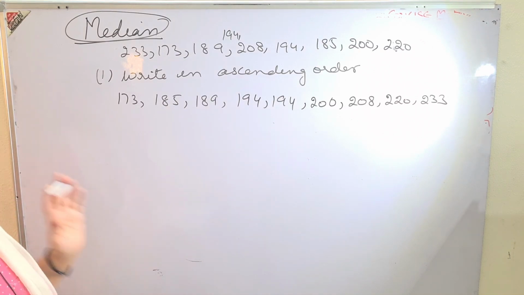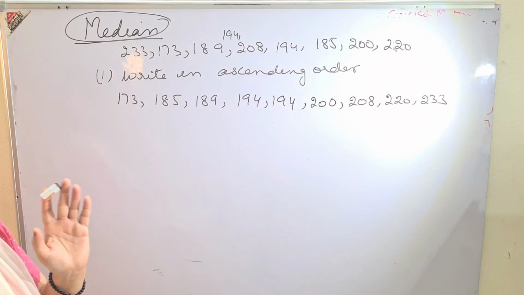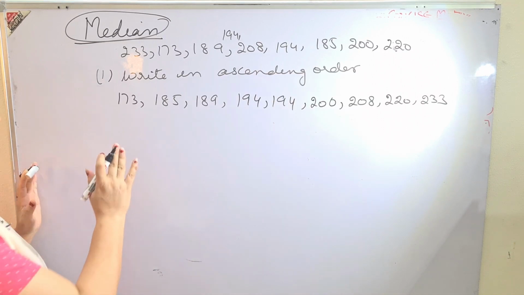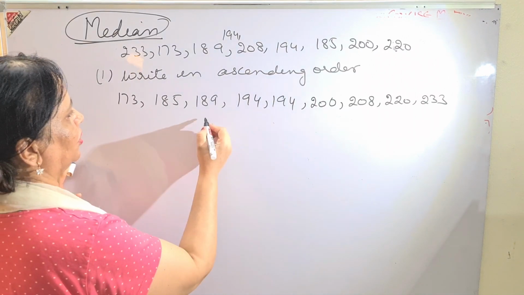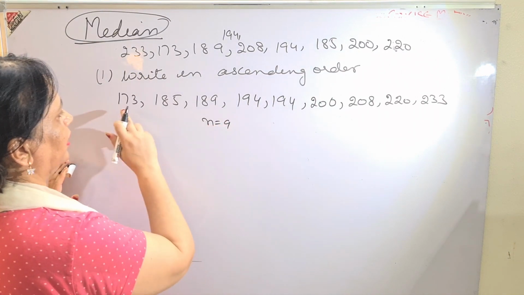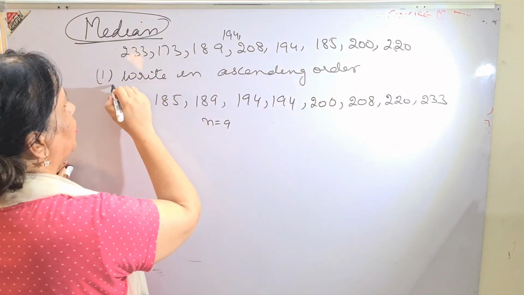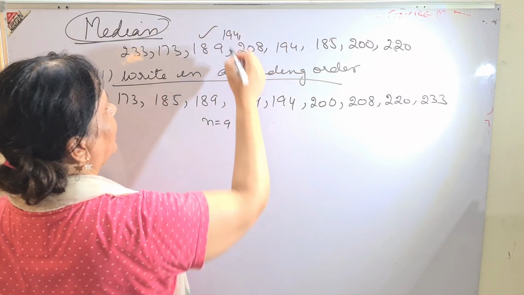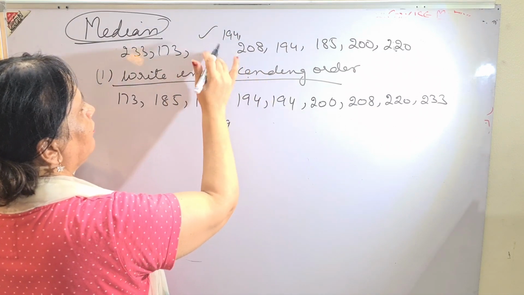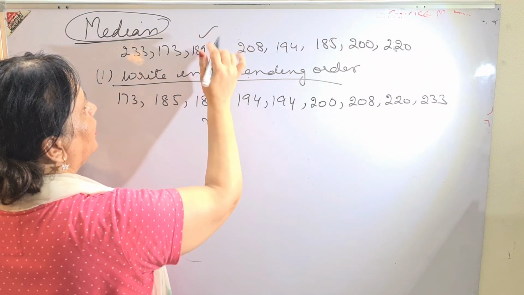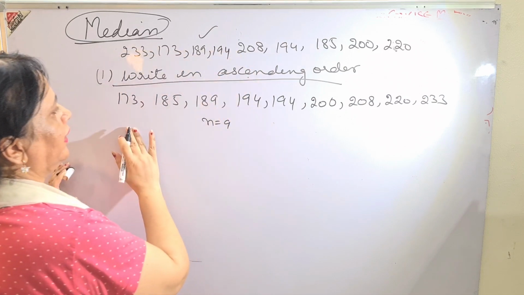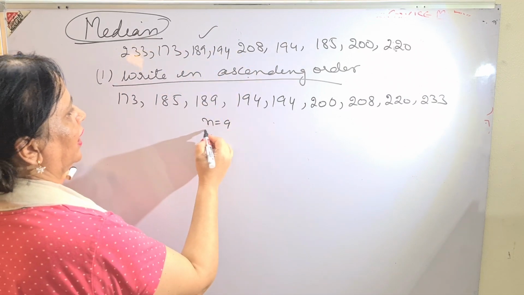So see how median works. Median is actually different from mean. In median, you will count the numbers. So n is equal to 9. Count it: 1, 2, 3, 4, 5, 6, 7, 8, 9. First, I wrote the given data in ascending order. Then I counted the numbers. n is equal to 9.